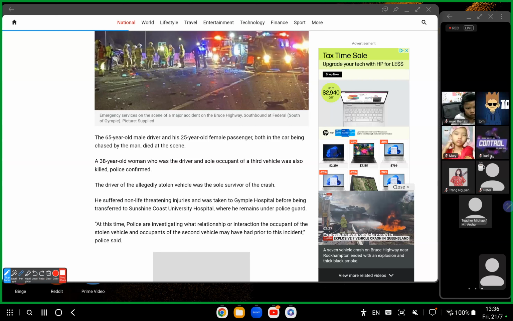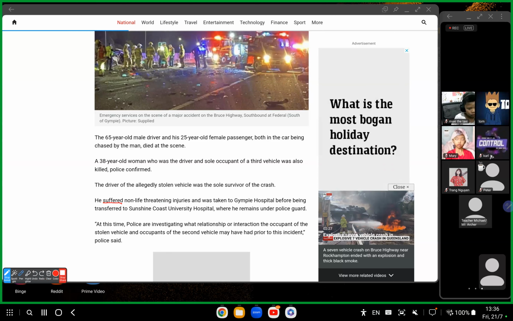So down here as well, we've got a little bit of, he suffered non-life-threatening injuries. So he was injured, but he's going to survive.